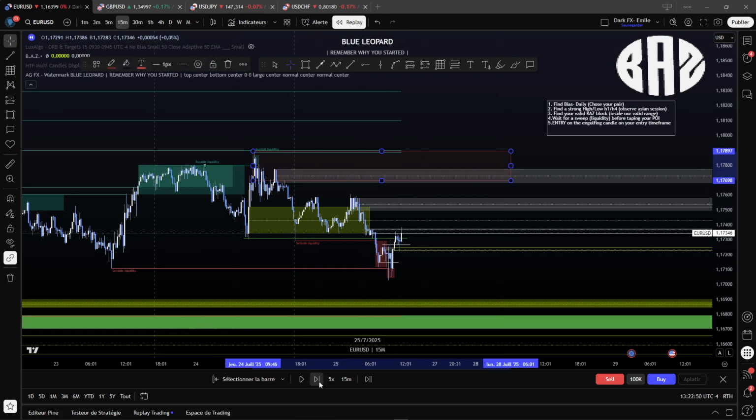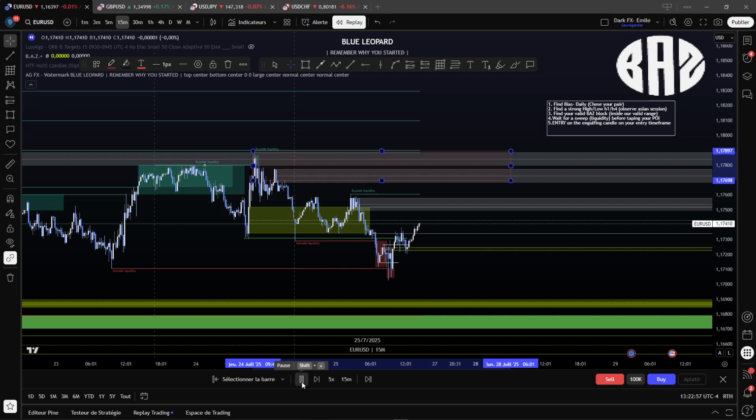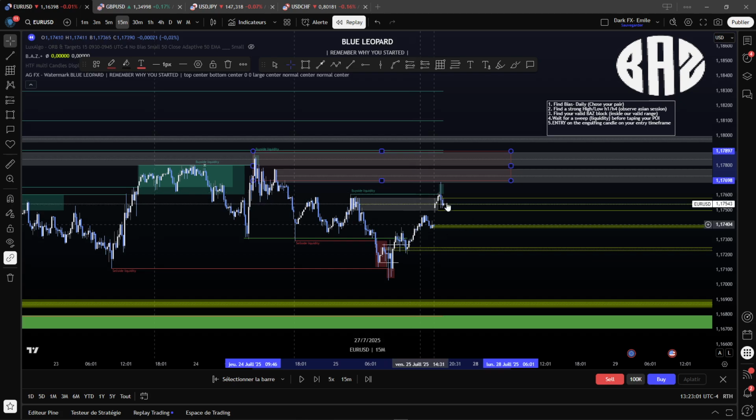Do you see that? Now let's push price and see what price will do here. You see what price did here? Price created liquidity and then swept liquidity, touched our BAZ indicator order block, which is a BAZ block, and then from there, let's observe price.